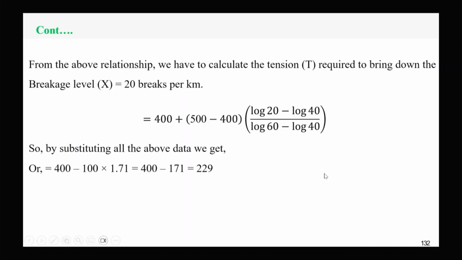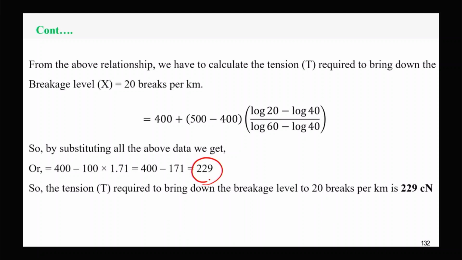So the tension becomes 229 centinewton. Okay. To have 20 breaks per kilometer.